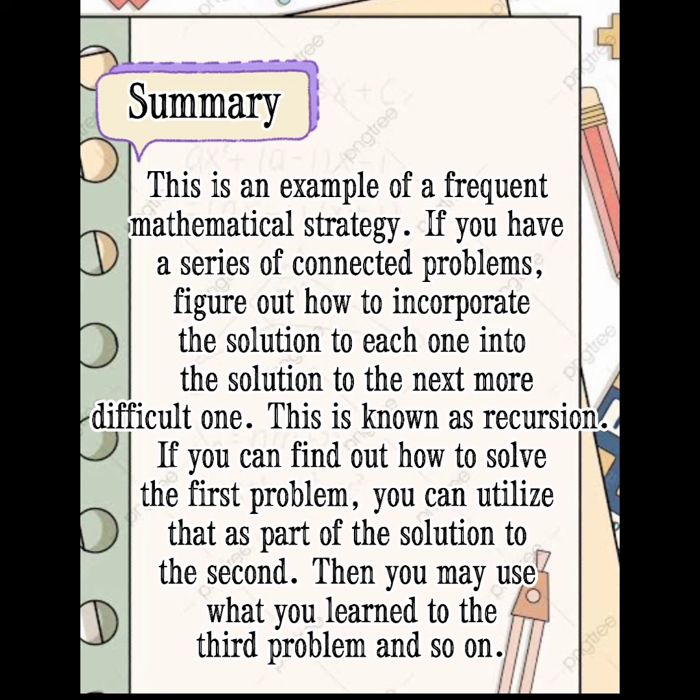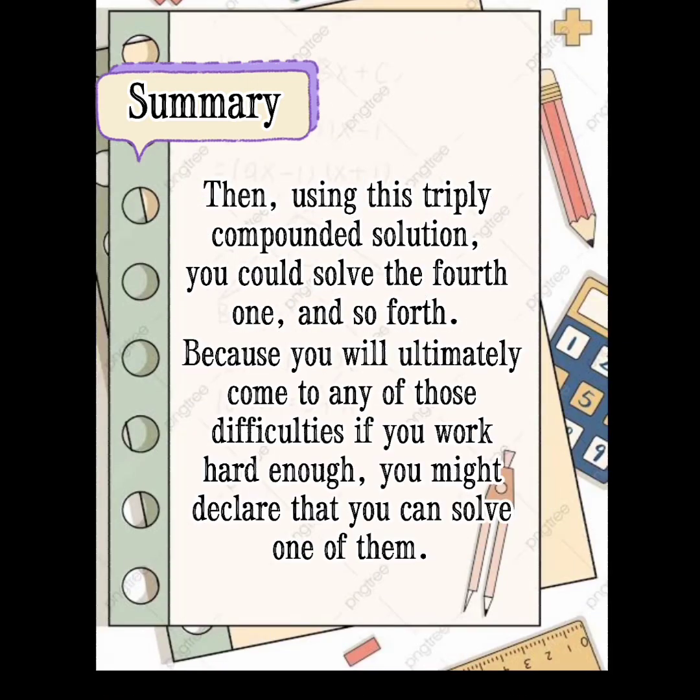Then you may use what you learned on the third problem, and so on. Then, using this compounded solution, you could solve the fourth one and so forth. Because you will ultimately come to any of those difficulties if you work hard enough, you might declare that you can solve any of them.